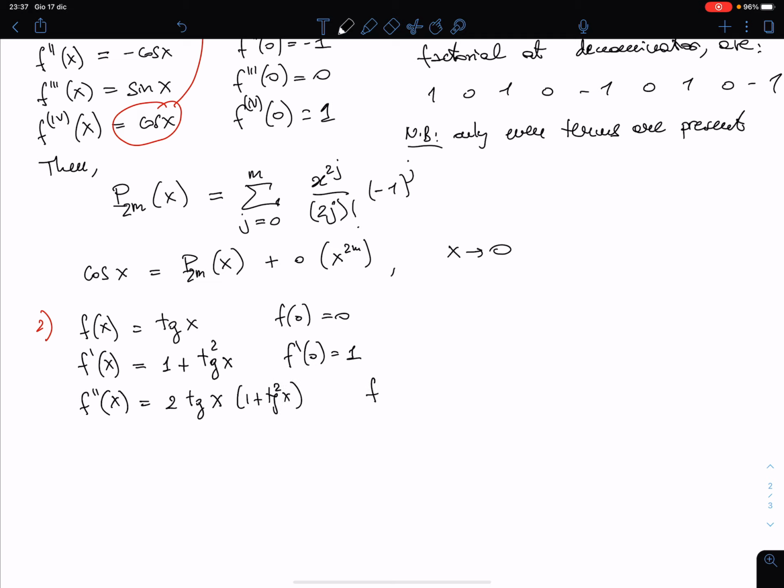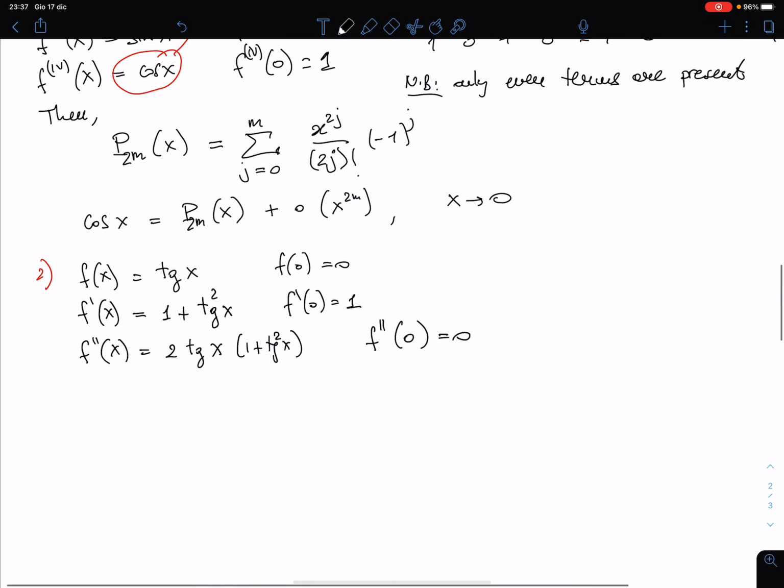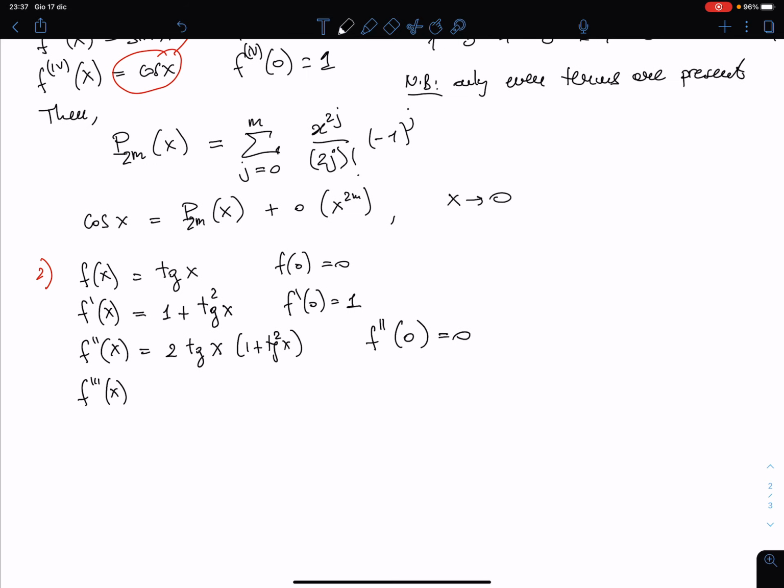So f second of 0 is equal to 0. F third of x is the derivative of this, which is 2 times 1 plus tangent square of x, plus 2 tangent cube of x, so 3.